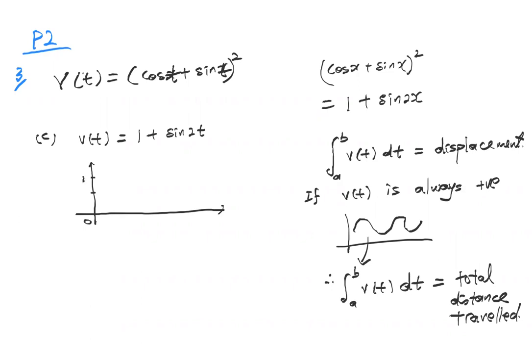Highest is 2, lowest is 0. And it's sin, so it goes like that. Right? So this is your t. So this is the part whereby the velocity is 0.